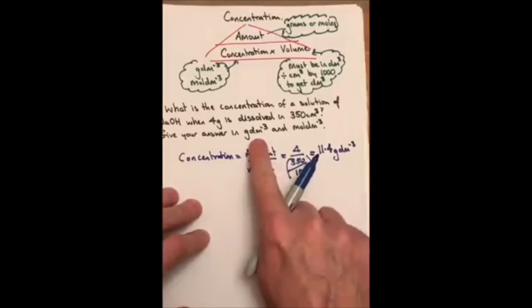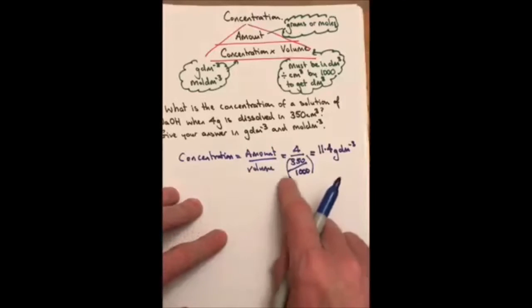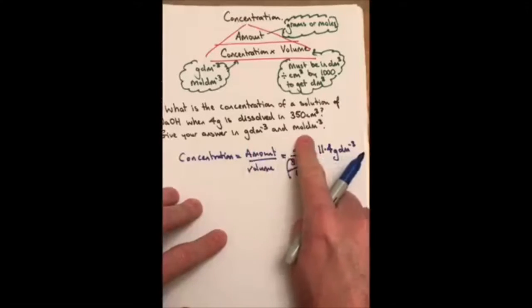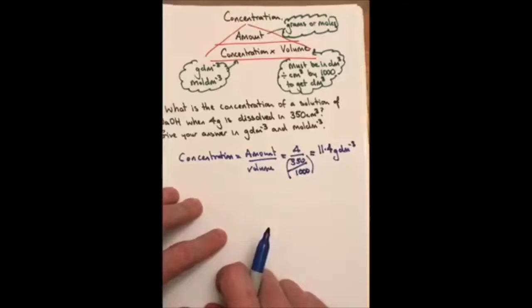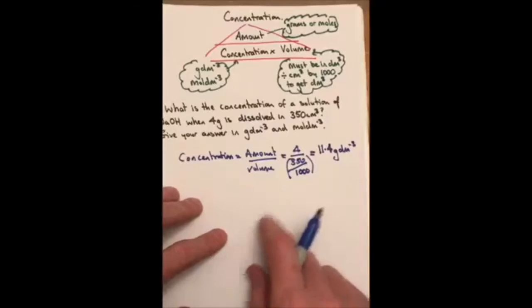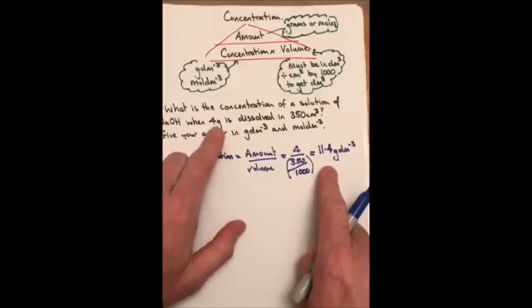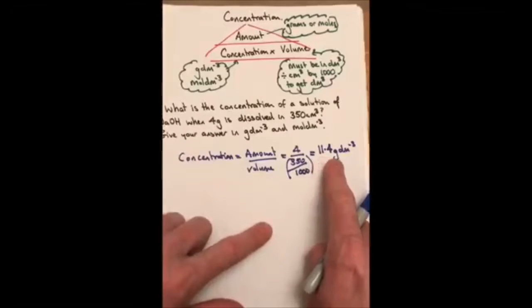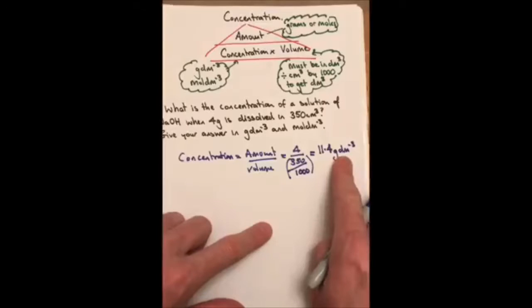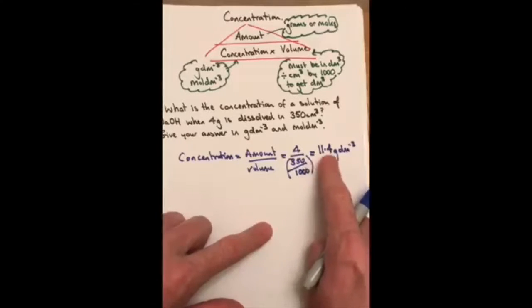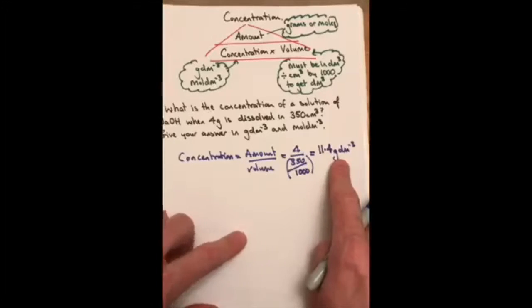That would be the first part of this question complete. The second part, I've got to convert this now into moles per decimeter cubed. There's two ways of doing this. I could go back and start with 4, but because this is 11.4 grams in a decimeter cubed, I'm going to convert the 11.4 grams into moles, and then it's moles in a decimeter cubed. So I'm going to save myself a little job in doing this.